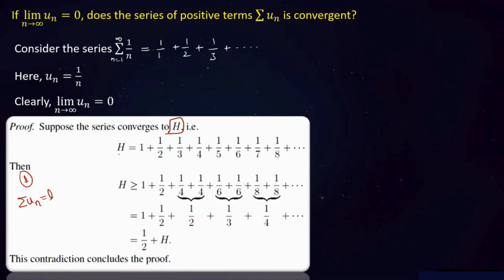Keeping that in mind, if I assume the given series summation 1 by n converges to h, I'll take the sum of all these values as h only, right? Now see what happens here. If you just add these values, we'll get all this as simply h.